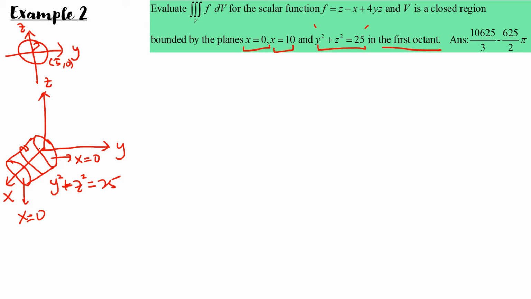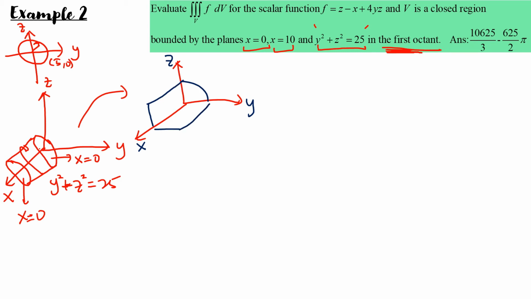Now, back to the question. V is a closed region bounded by the planes x equal to 0, x equal to 10, and y squared plus z squared equal to 25 in the first octant. You have to consider this term also: first octant. So this is a full cylinder, and we go to the first octant. Let me sketch it.